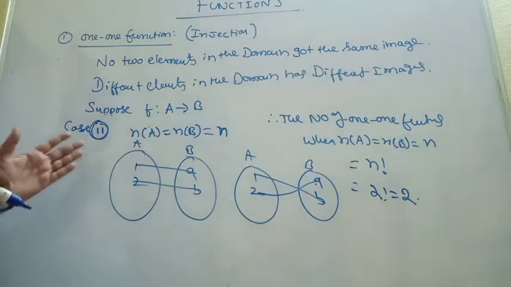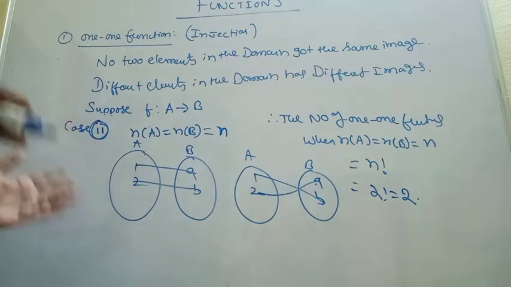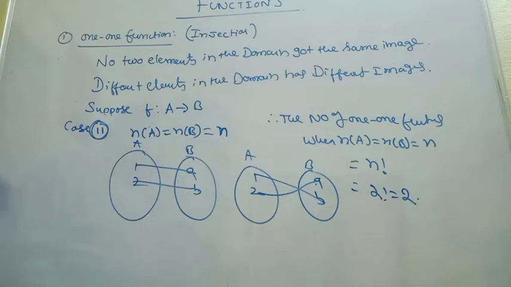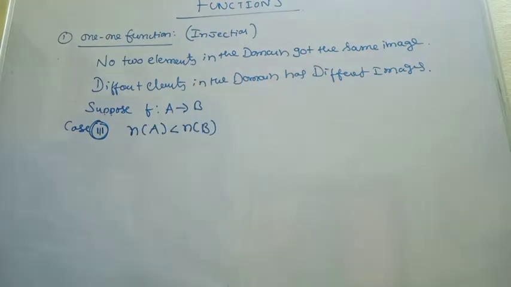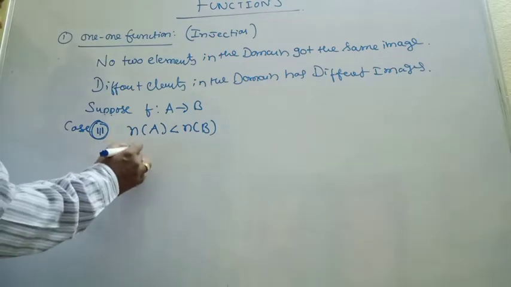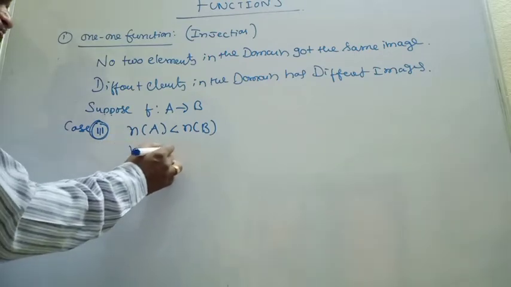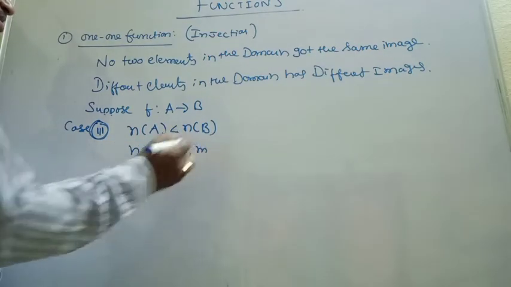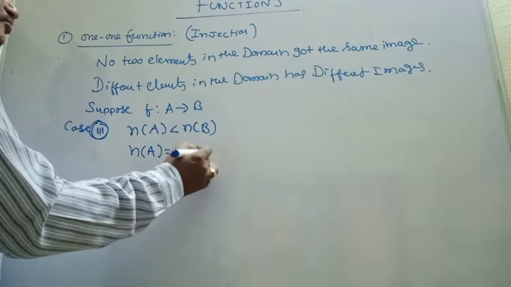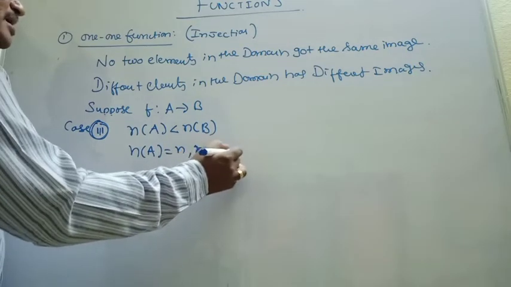Now the third case, when n(A) is less than n(B), we are going to discuss the number of 1-1 functions. Suppose n(A) is equal to n and n(B) is equal to some r elements.